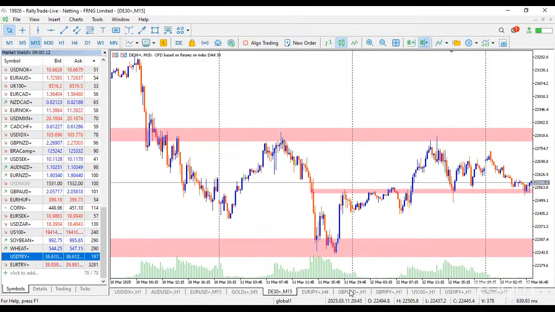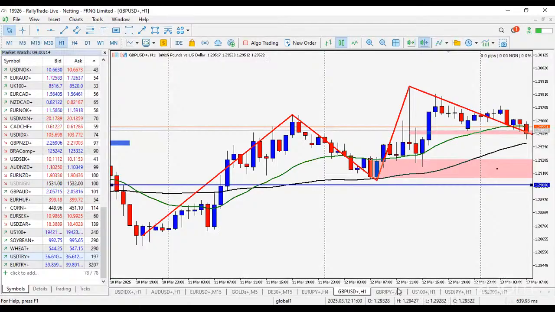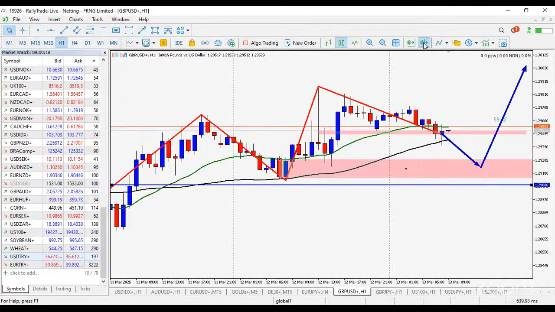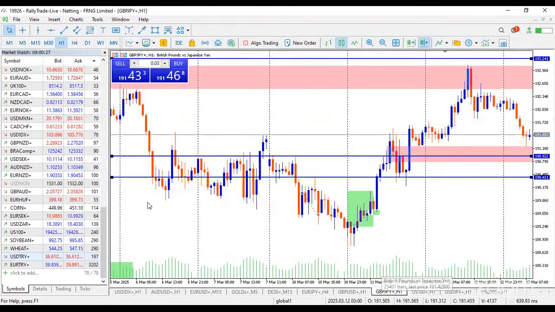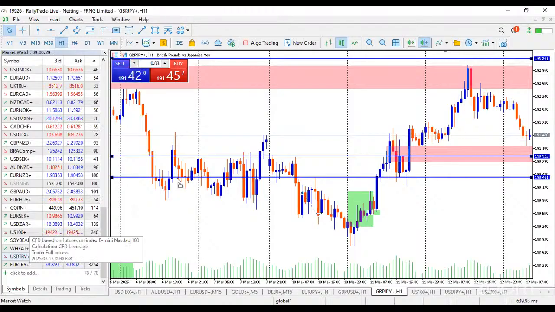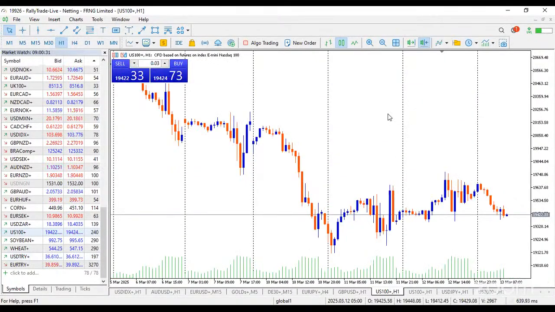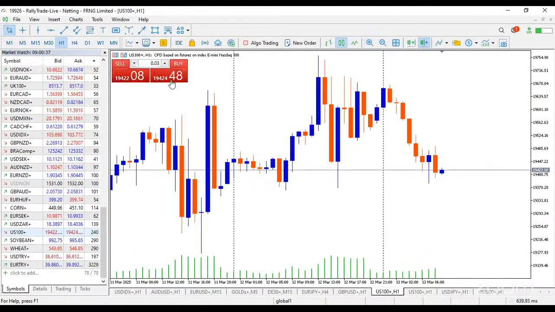So guys, this is US 100 right here. Let's look at what the chart is telling us. Those of us trading US 100, you have US 100 right now.